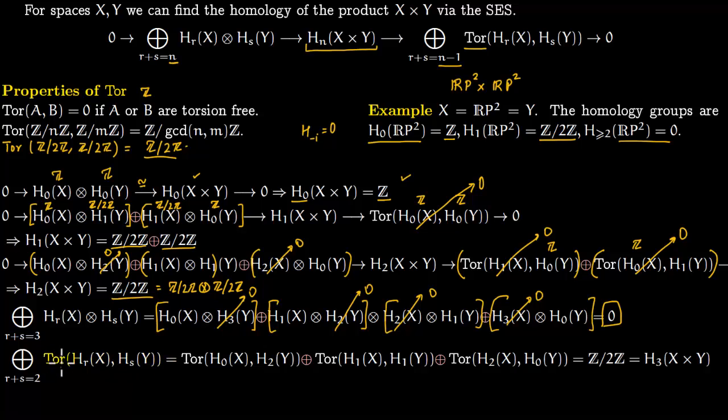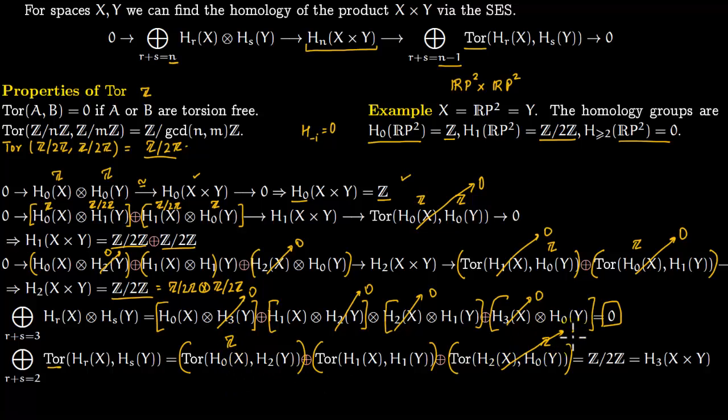So now we are just left with the Tor term. Nothing is going to come from here. Everything is going to come from the Tor term, but there r plus s is 2. So you have H0, H2, sum is 2; H1, H1, sum is again 2; 2, 0, sum is again 2. The 0th is integers, so this is integer and this is integer.